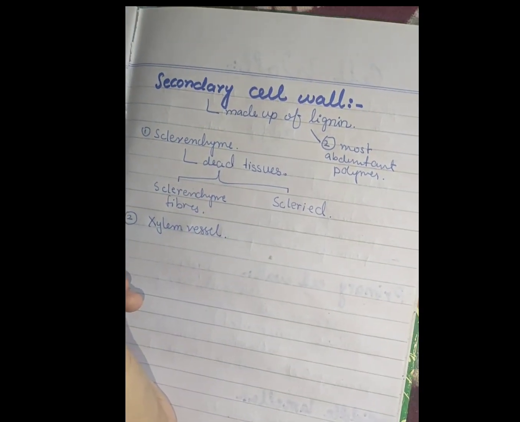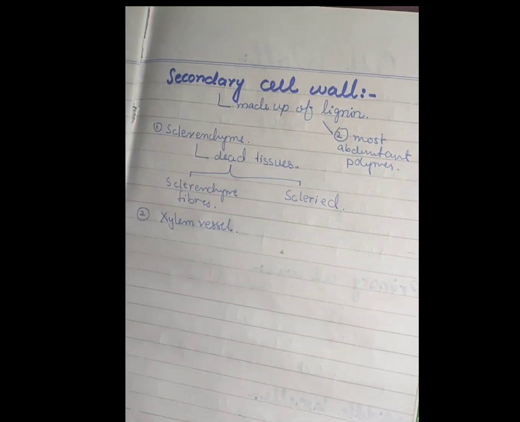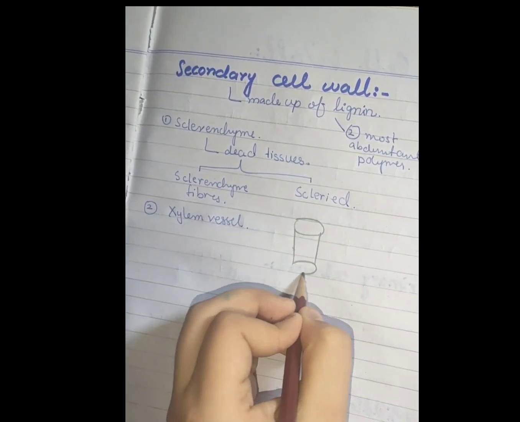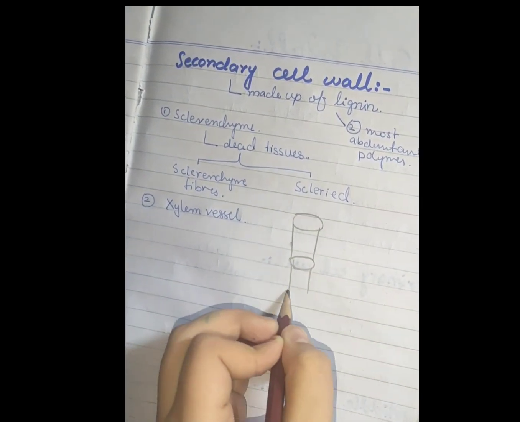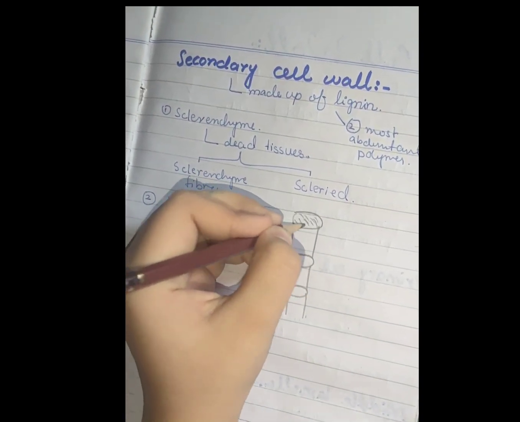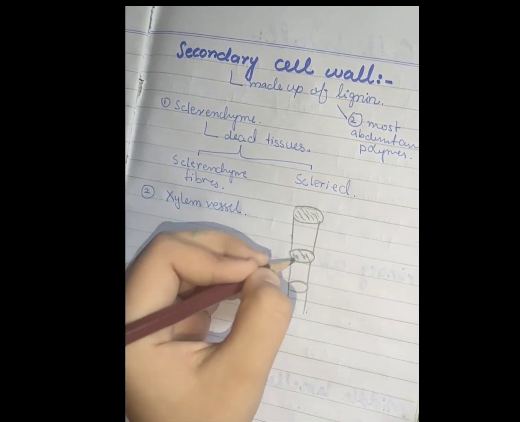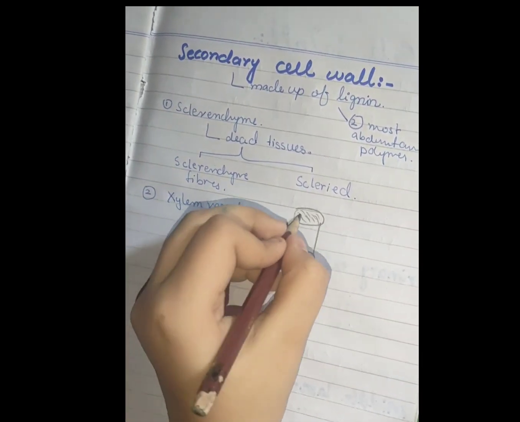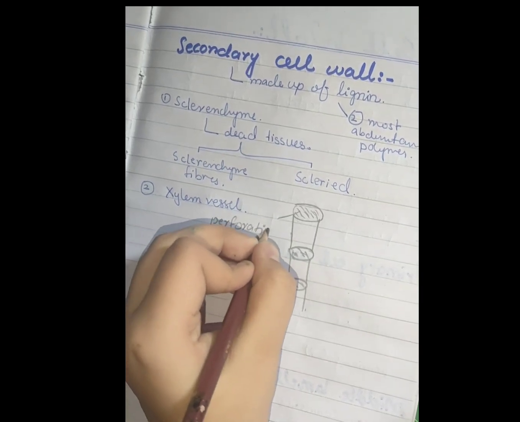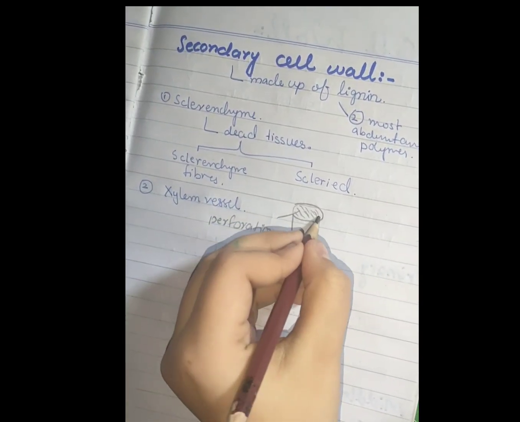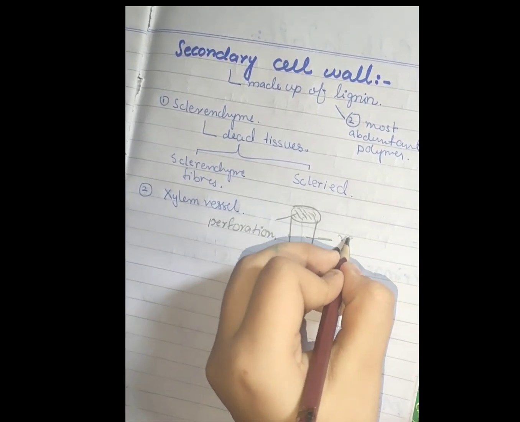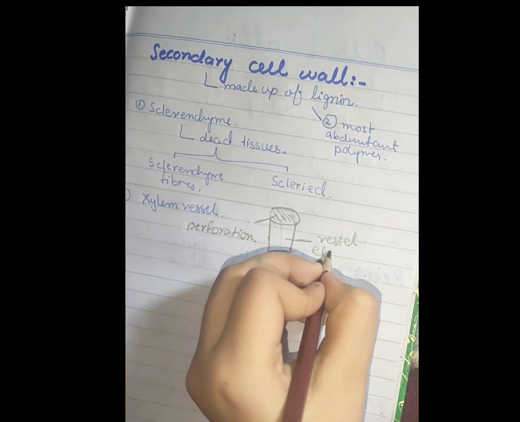So here the xylem vessels are basically like this. Let me make a diagram here. Here and here we have perforations. And this is one bundle; this, till here, is called a vessel element.